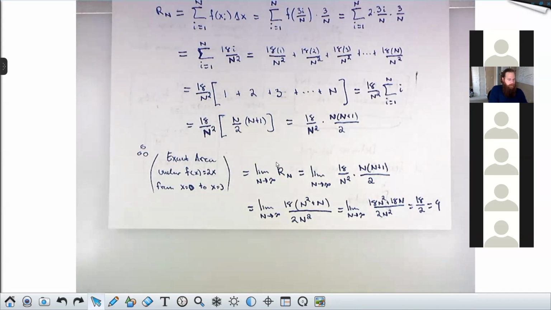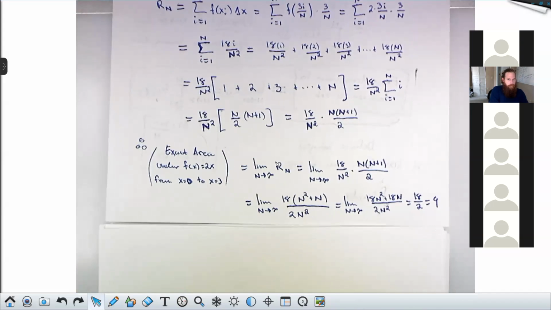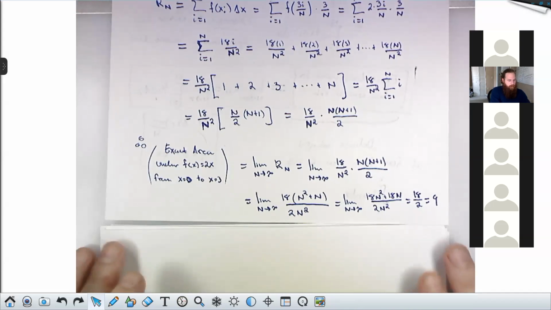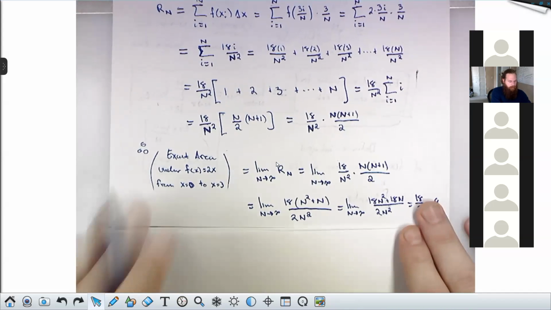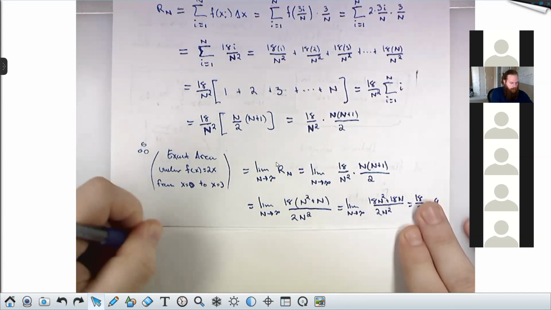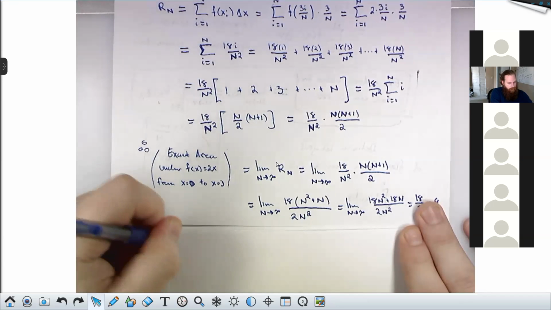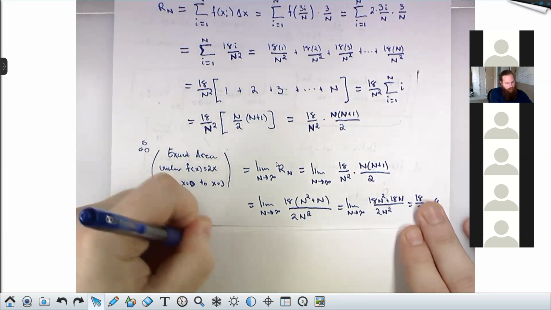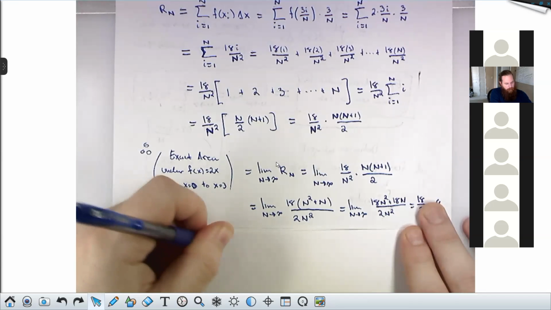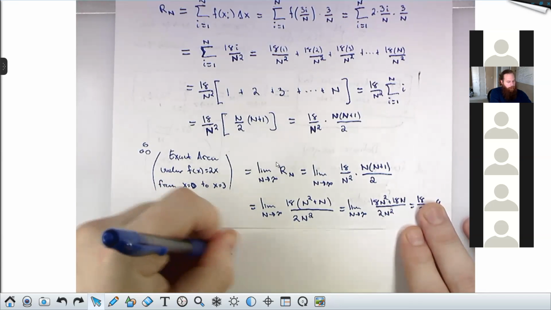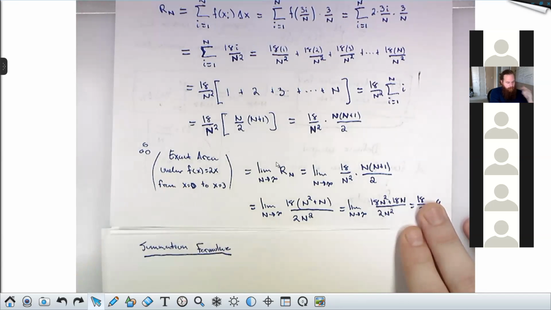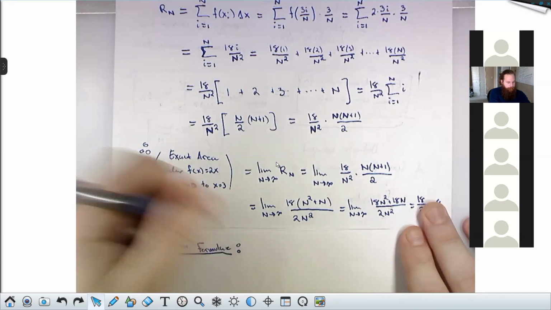I'll start with the formulas down here. So summation formulas, necessary summation formulas. The proper plural of formula is formulae, so I'll say it like that.